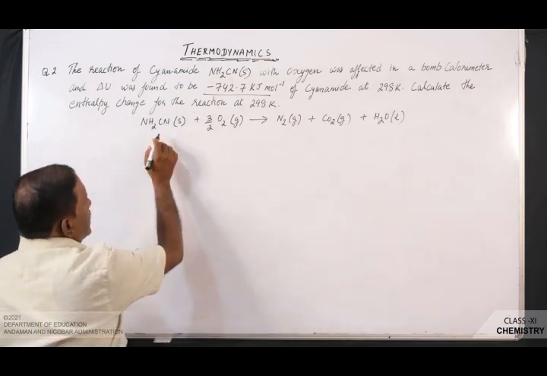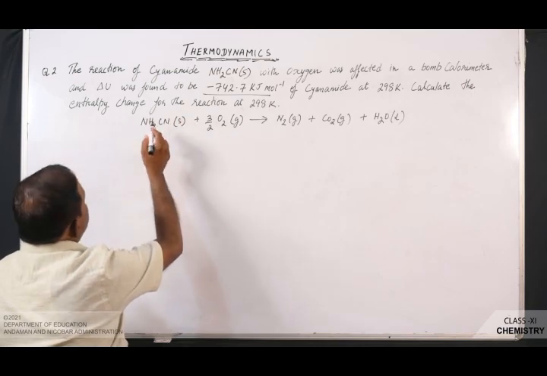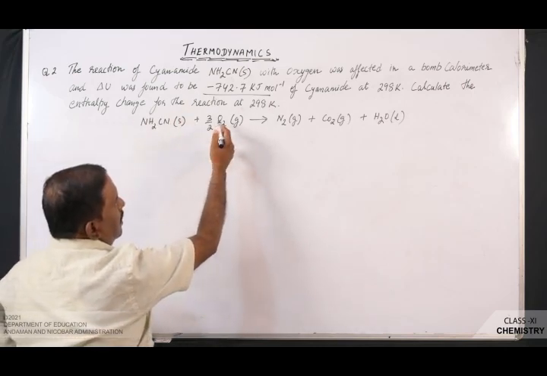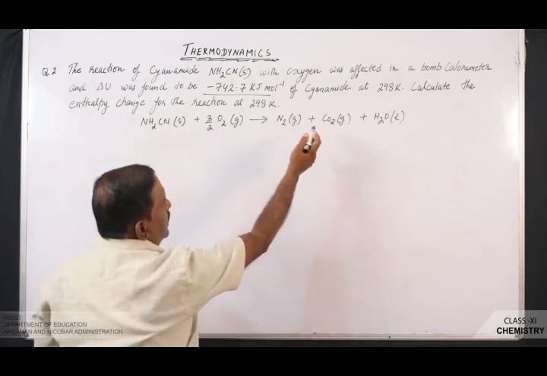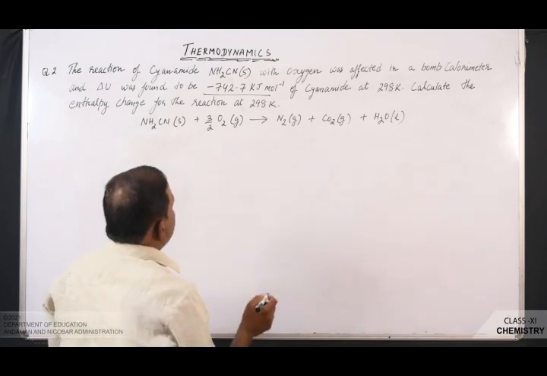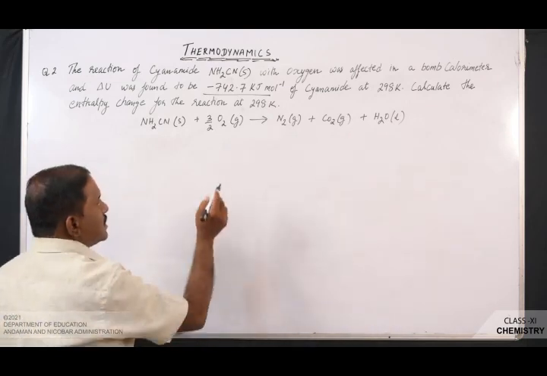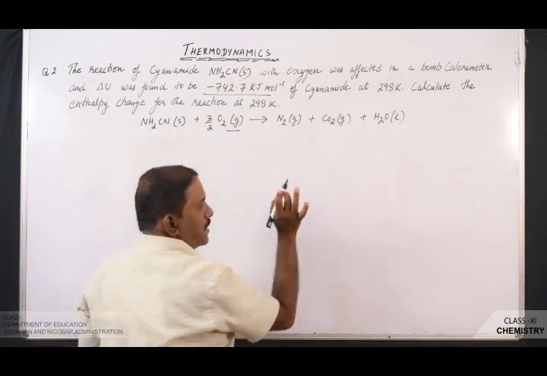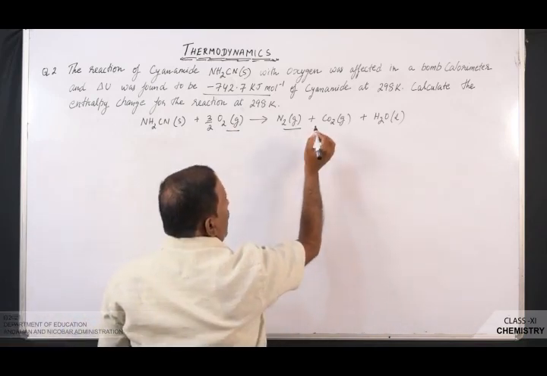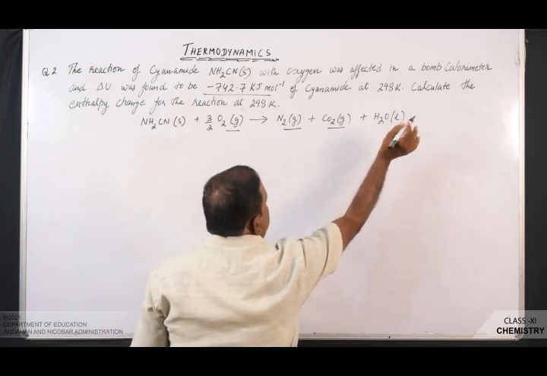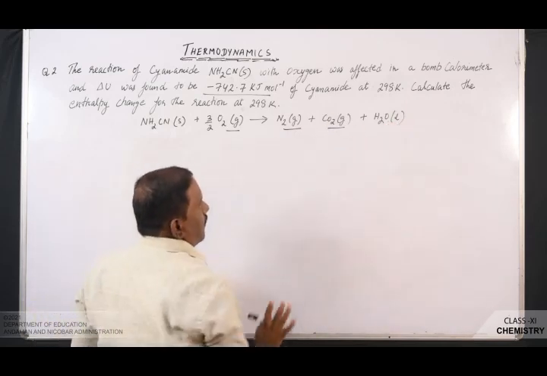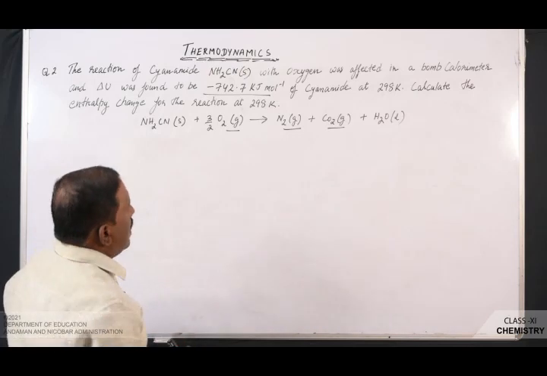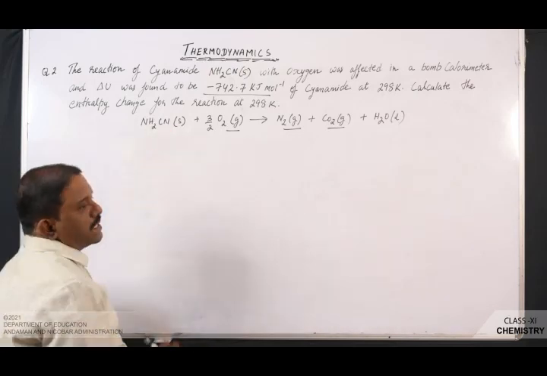The reaction is cyanamide plus 3/2 O2 gives N2 plus CO2 and H2O. First we have to see the state: we have to consider the gaseous state only. So we will not consider H2O, as it is in liquid state, and cyanamide is in solid state.